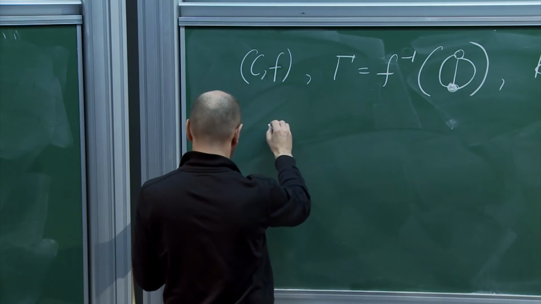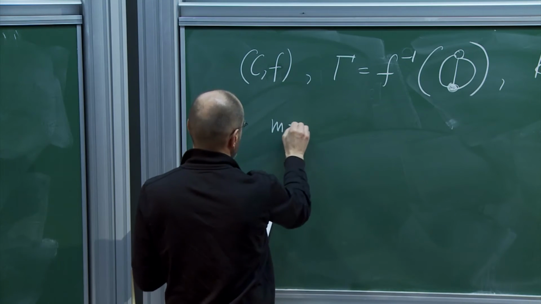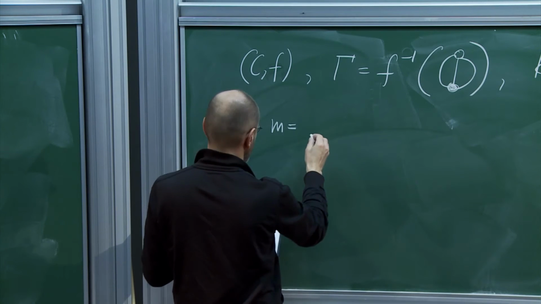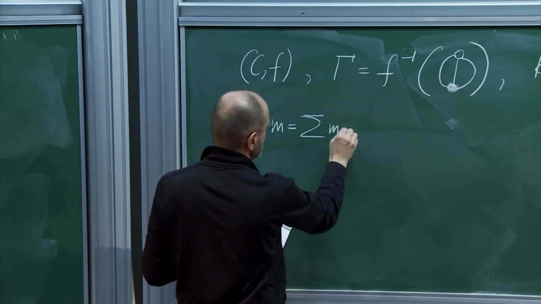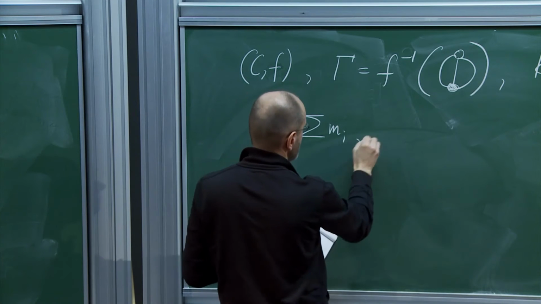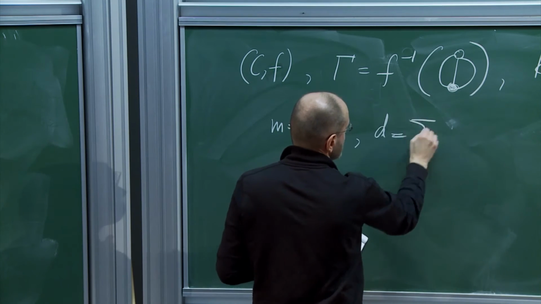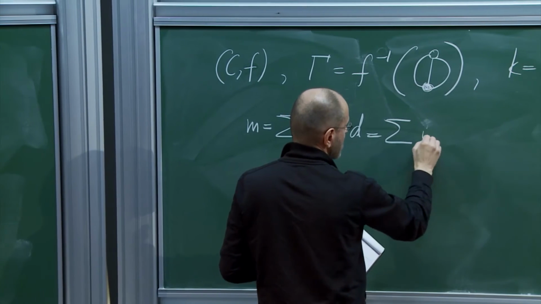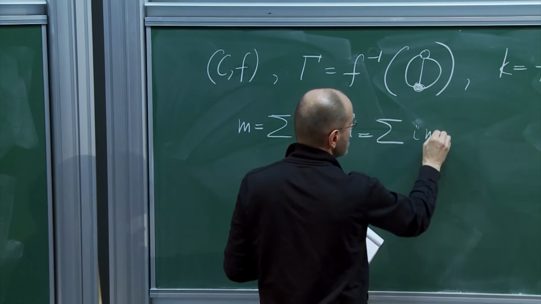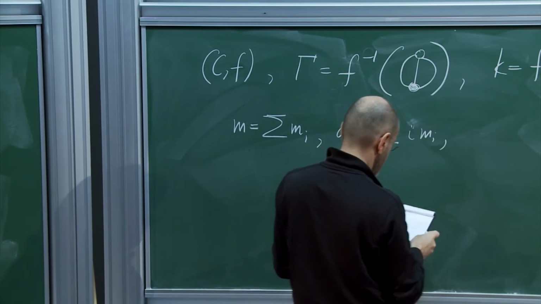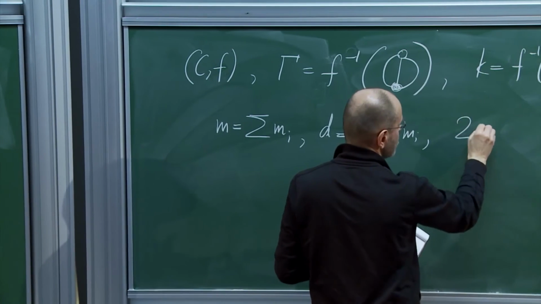M is just the sum of the mi's. That's obvious. The degree of F is the sum of i times mi. And the genus is given by the Riemann-Hurwitz formula.